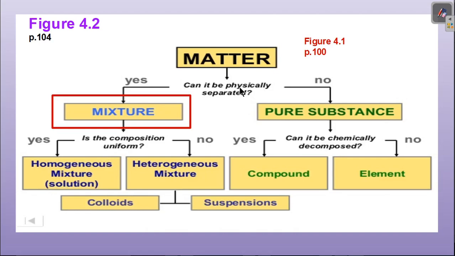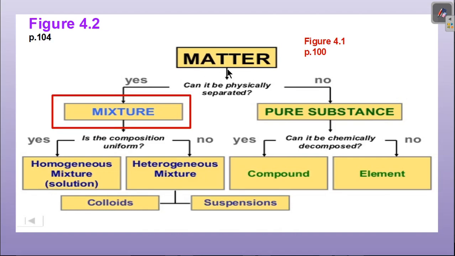But physical means you're not using a chemical reaction. Okay? You're not changing the nature of your substance. You're using maybe magnetism, maybe you're using filtration, maybe you're changing the state, like gas, liquid, or solid of the substance that you are trying to classify.